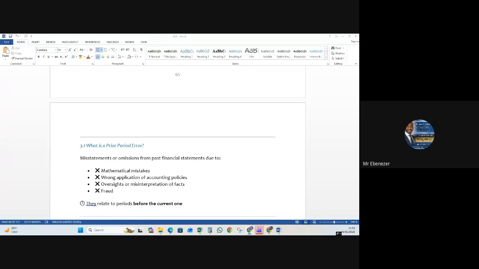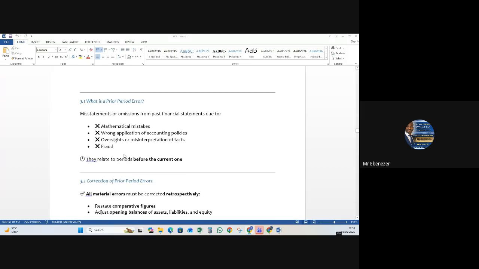So that's what we have on prior errors. Now, a prior error relates to periods before the current one. The correction of prior error is that all material errors must be corrected retrospectively.